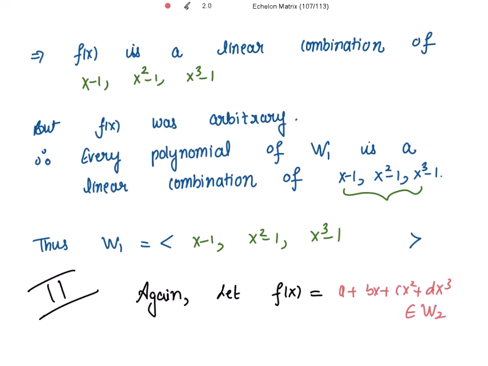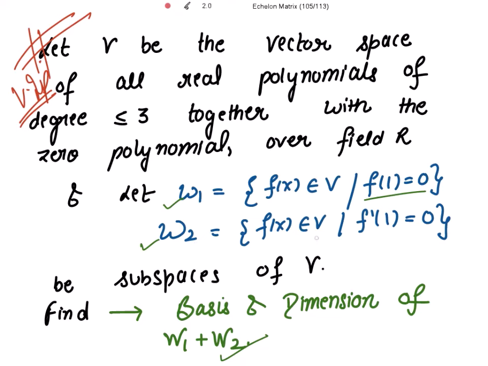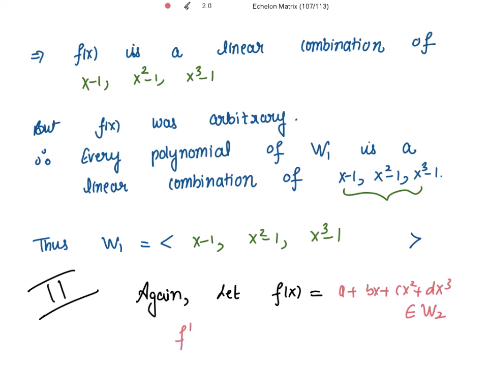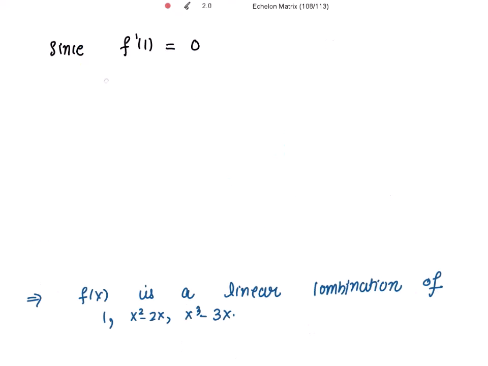The condition for W2 is that f'(1) = 0. Let's find the derivative of f(x) with respect to x. It is b + 2cx + 3dx². So f'(1), putting x = 1, becomes b + 2c + 3d, and this is equal to 0.